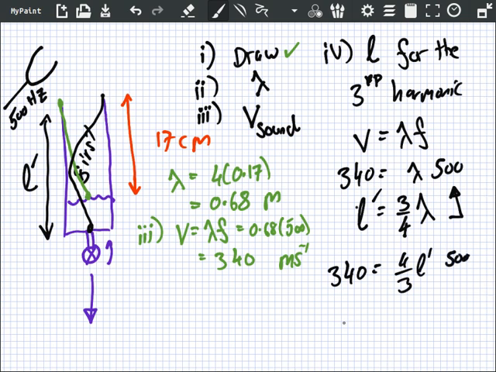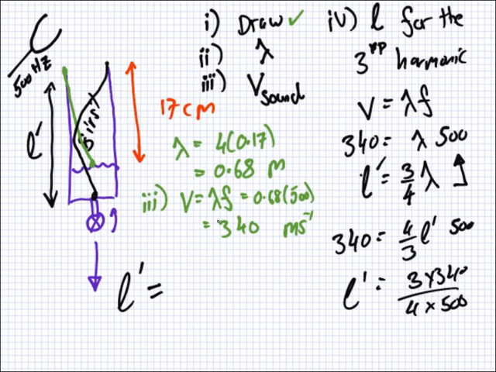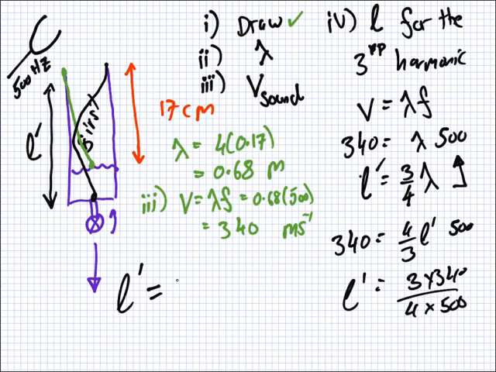So then the new length will be 3 times 340 over 4 times 500. Okay, so what would be the new length now? 0.51. Okay. And what's the difference between those two numbers, 51 and 17?